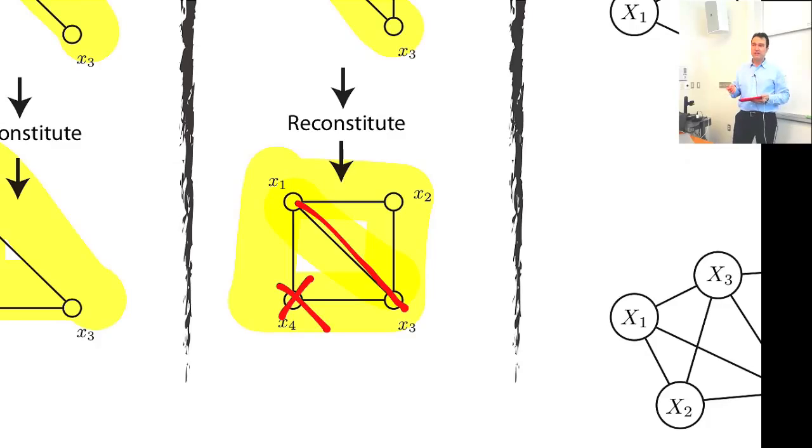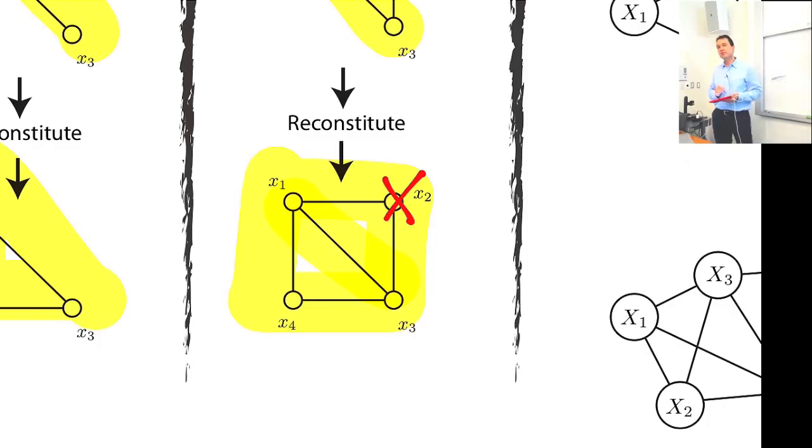So what we're going to see today is that once we've gone through the process of elimination of a graph and reconstitute it, in that reconstituted graph, does there exist an ordering that induces no fill-in? In this graph, it certainly does. In fact, we could eliminate x4 first. That doesn't produce any fill-in. Or we could eliminate x2 first, and that also wouldn't produce any fill-in. And once we eliminate x2 or x4, the rest obviously doesn't produce any fill-in.